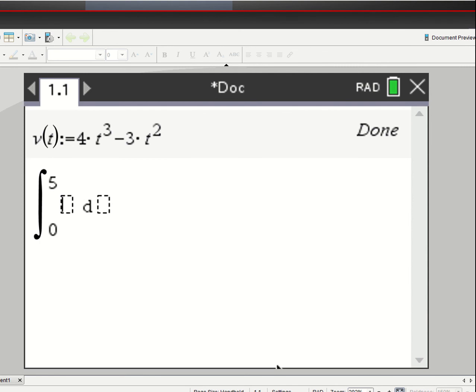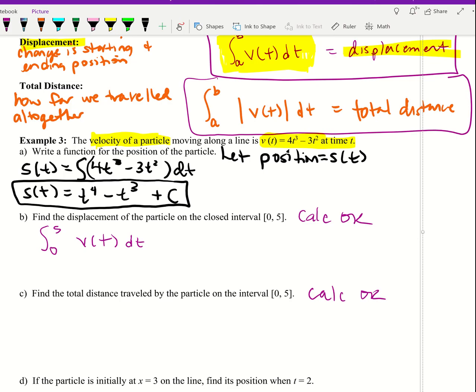I don't have to type it again because I've already told the calculator what v of t is. And I get exactly 500. And if I did this by hand, I would also get 500. But on an AP exam, you only have to write down this if it's calculator active. Now, if it's not calculator active, you would need to show your computation.